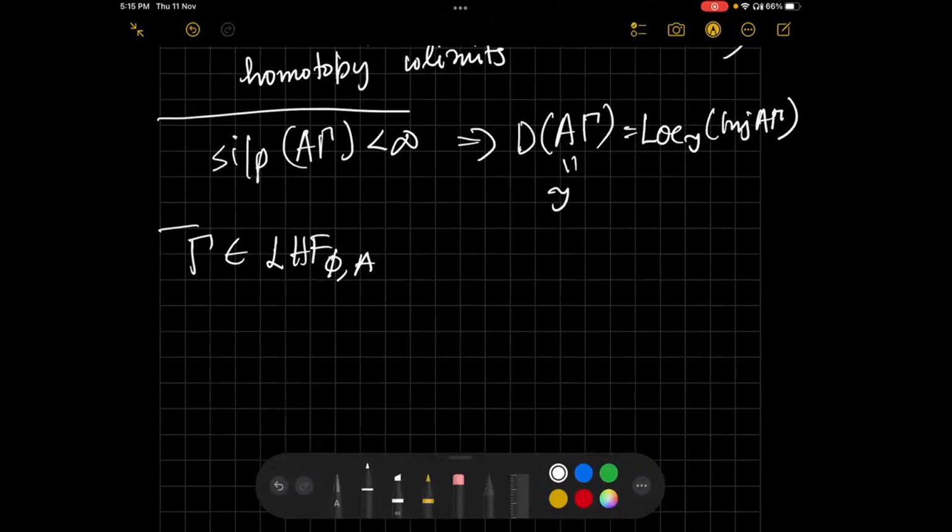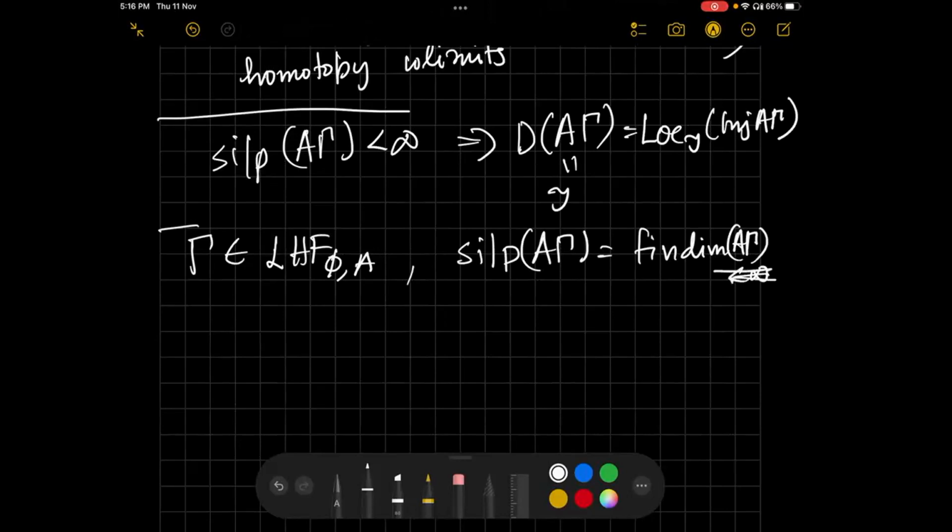Okay, so if gamma is here, then we know from my result that SILP is actually equal to the finitistic dimension. Not always smaller than, but equal to the finitistic dimension.